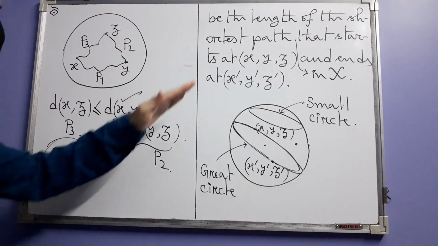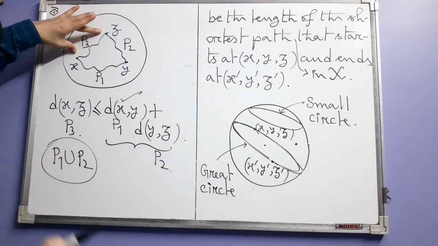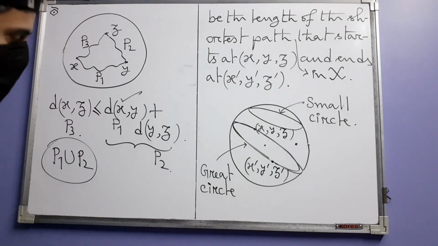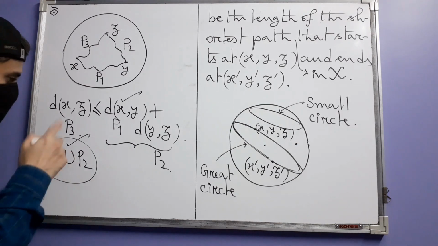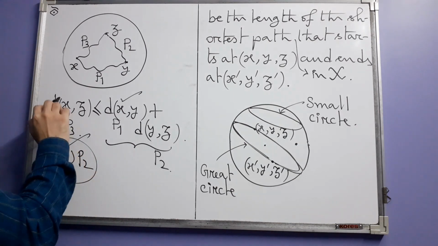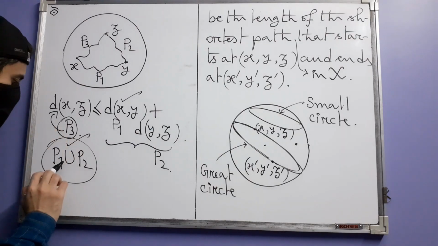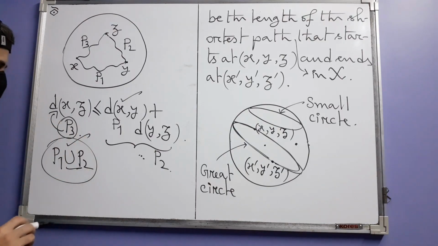Now by the definition of this distance, this is a path of shortest length, and this is any path. So the length of this path will be greater than or equal to the length of this path, and the length of this path is this, whereas the length of this path is this right hand side. That's it.